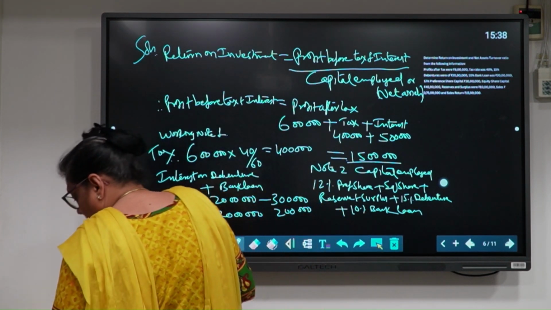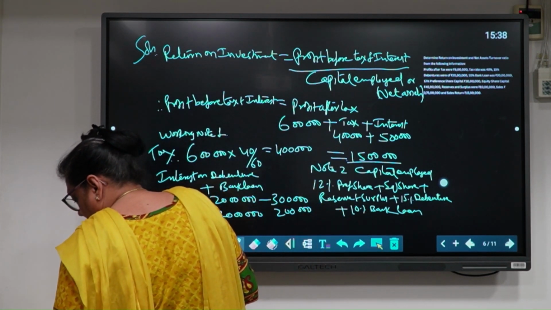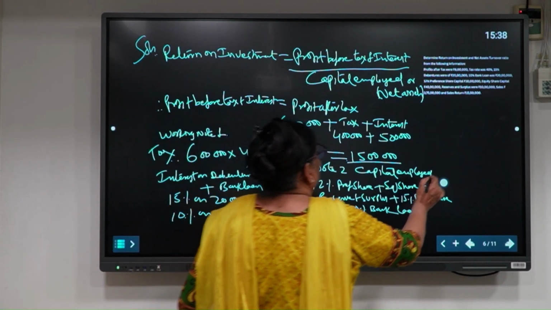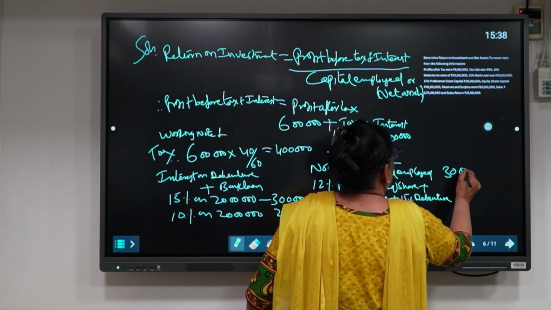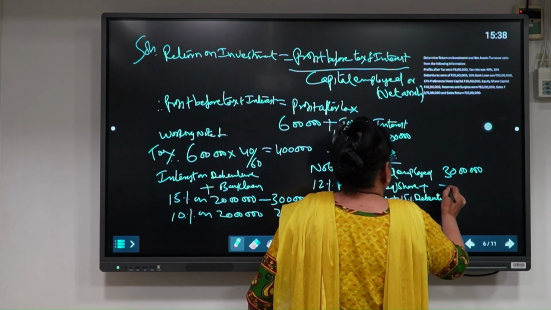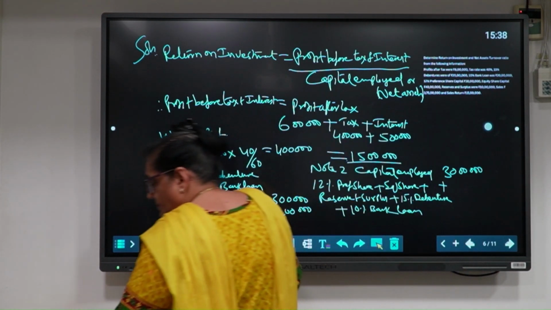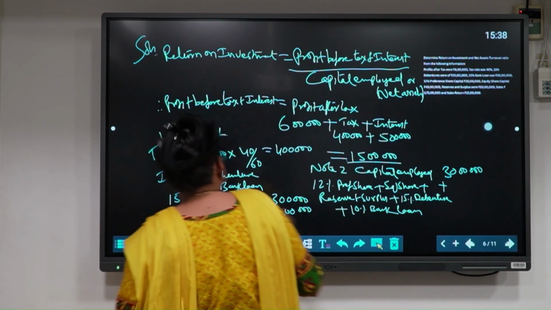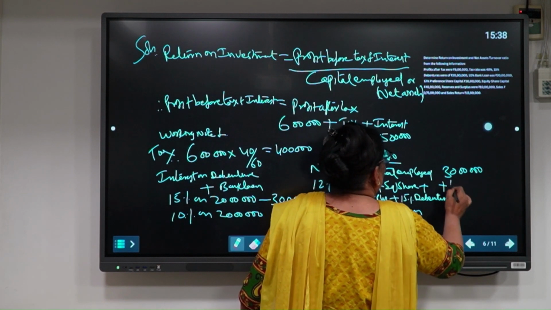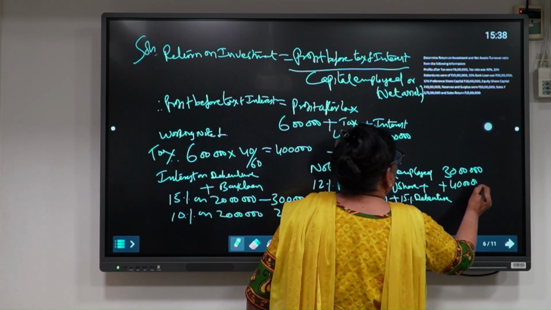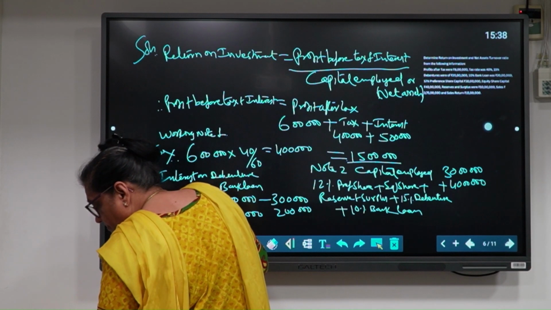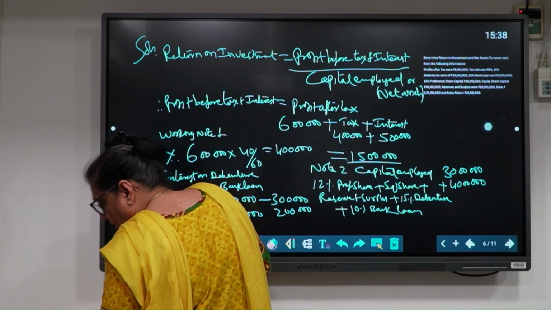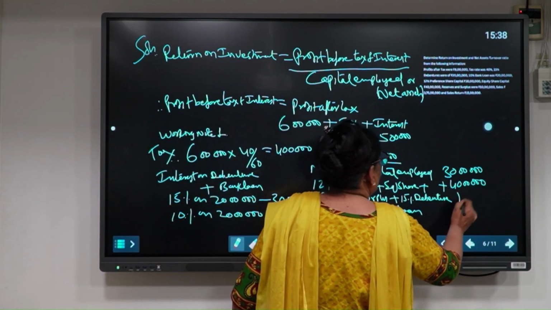Now preference shares is how much? 30 lakhs. Plus equity shares are 40 lakhs. Reserve and surplus is 10 lakhs.